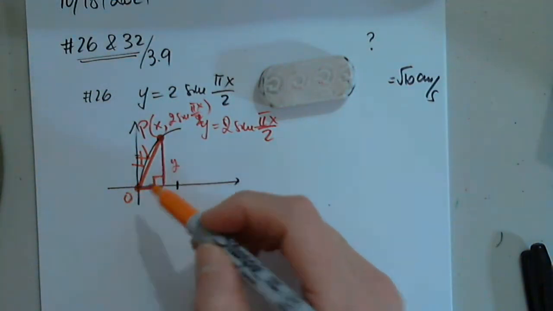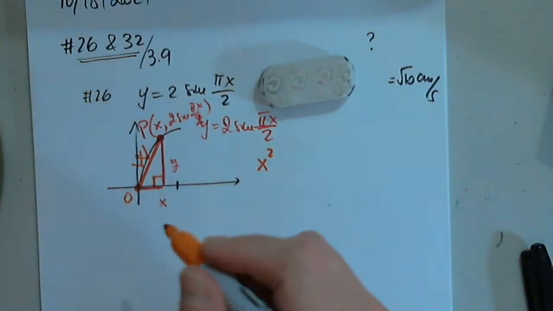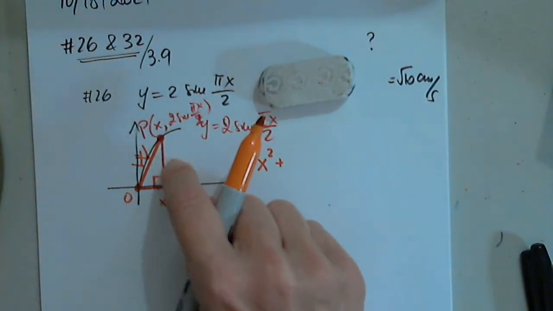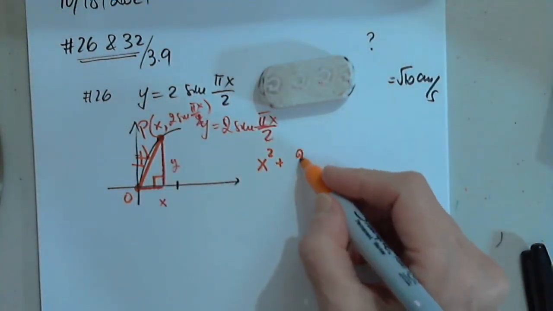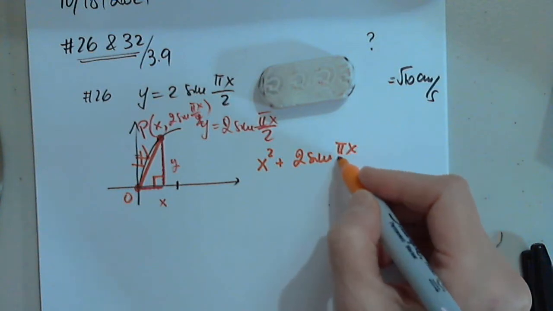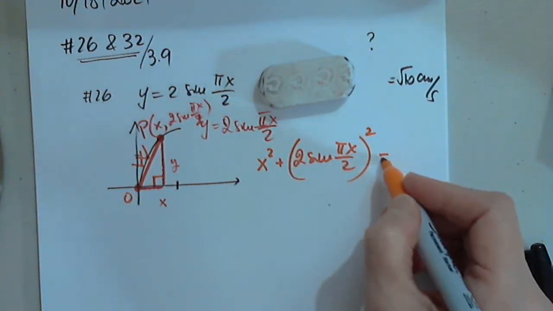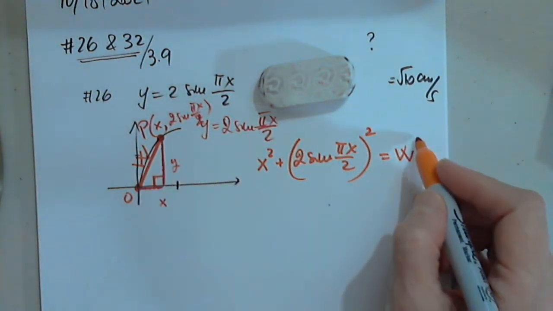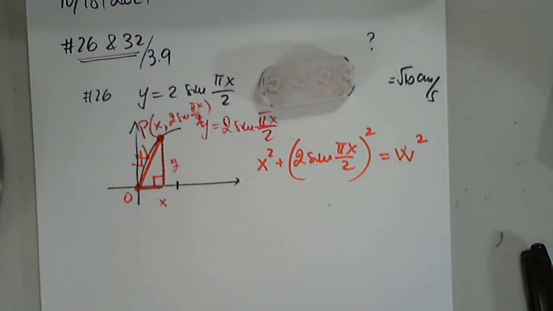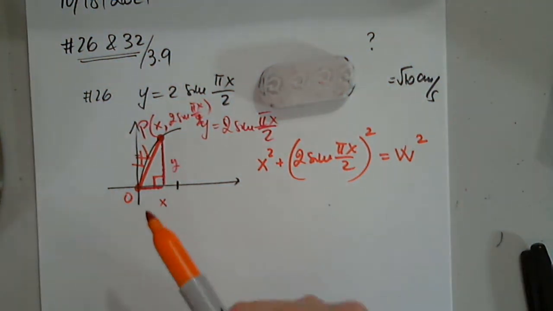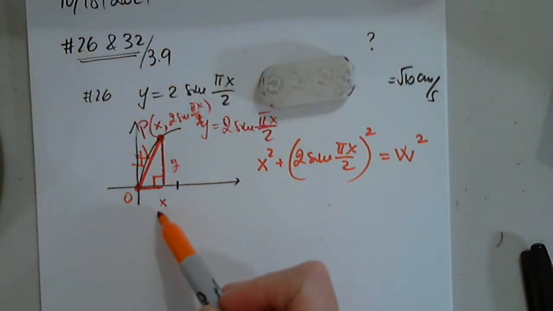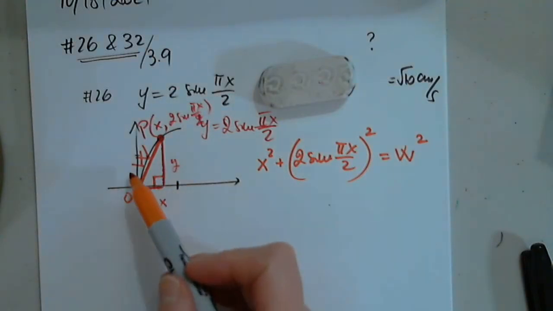From this right triangle, I immediately write that x squared plus y squared, where y is the function, 2 sine pi x over 2, everything squared, must equal w squared. So I found the relationship between x and y and w.